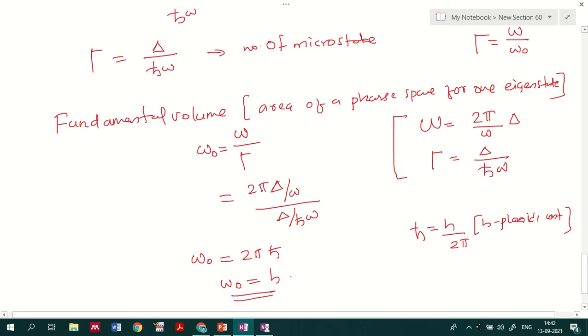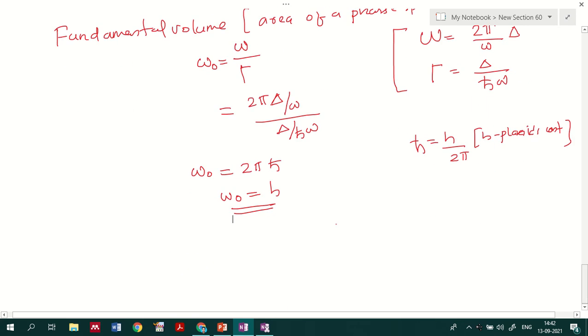Okay, so we identified a case for the classical ideal gas. What was that? That is omega 0 equal to h raised to f, where f is the degree of freedom.